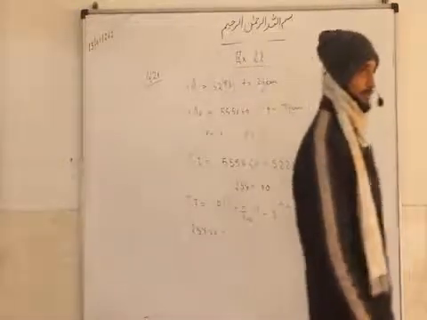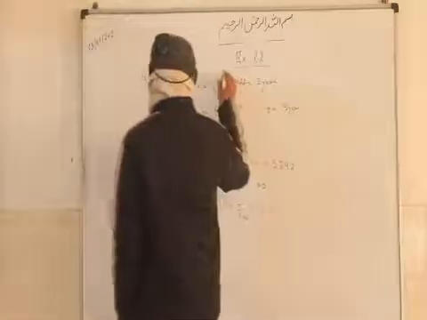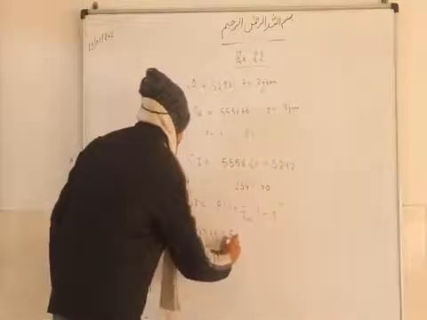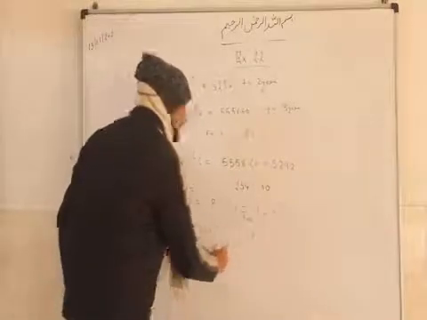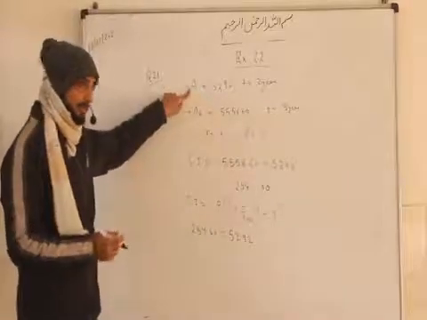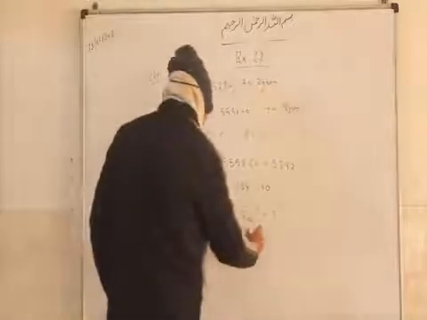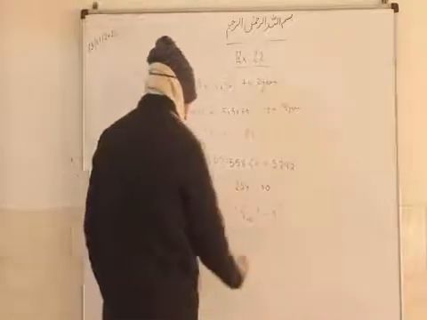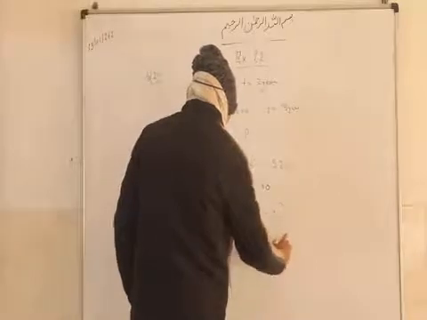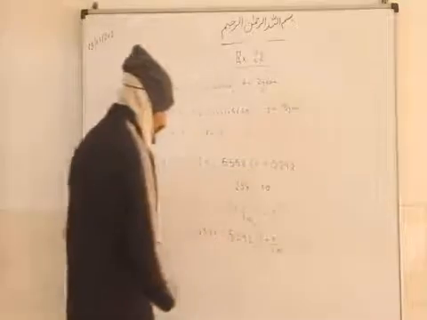The principal will be the second year's amount. This one is the principal. So it is 5292. This is the principal, because on this amount we have calculated the compound interest. Then we have to calculate the rate from this formula, where the time is 2 and this is minus 1. So this only we have to solve.